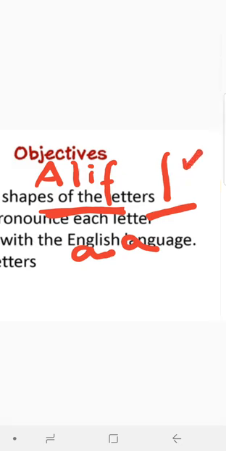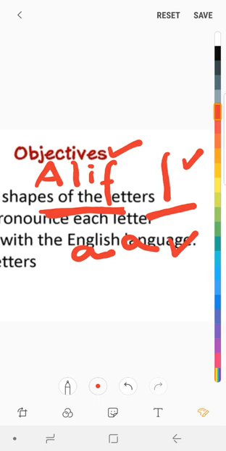So this is the shape of the letter, this is the name of the letter, and this is the sound of the letter. Its sound is emerging from the empty space of our mouth and throat. You can observe that the sound is floating from the empty space of the mouth and throat.